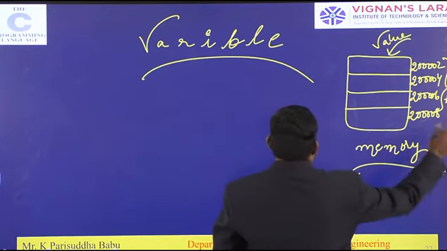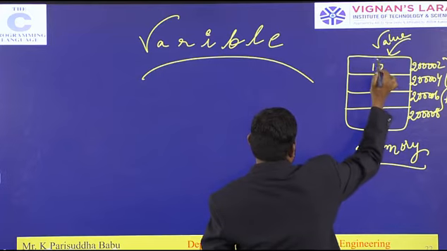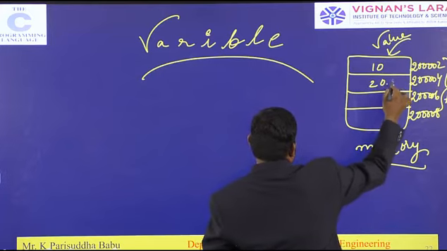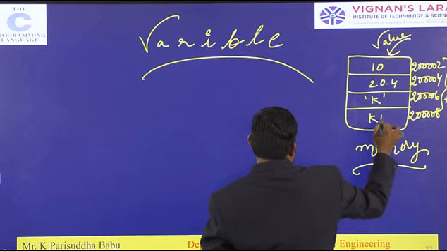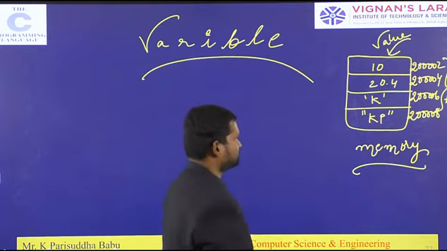For example, if you represent 10 here, 10 is the value, 20 is the value, 20.4 is the value, 'K' in single quotes is a value, and "KP" in double quotes is a string.